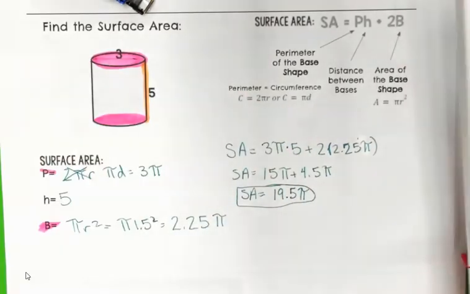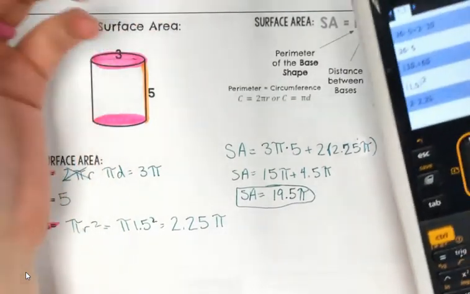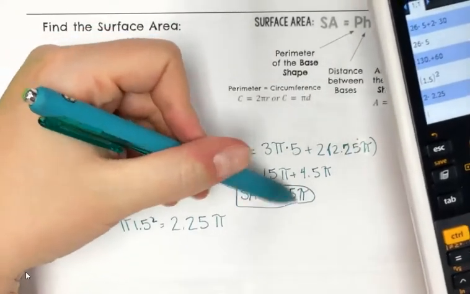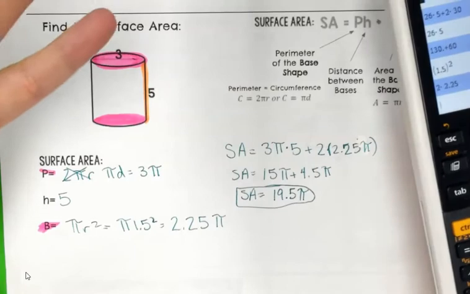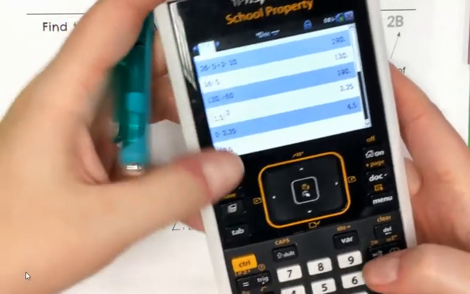So sometimes the questions will ask you to answer it in terms of pi. Other times it will be answered in decimal form. So we want to get all the way to the end of your problem, the last step, and then you just put the answer in terms of pi into your calculator.